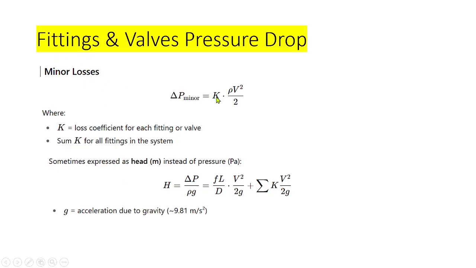And the second one, fitting losses. For fitting losses, we first have to find the K value from tables. Rho is the density, V is the velocity in the pipe. Finally, when we have static pressure head and these minor losses, we will sum all of them.